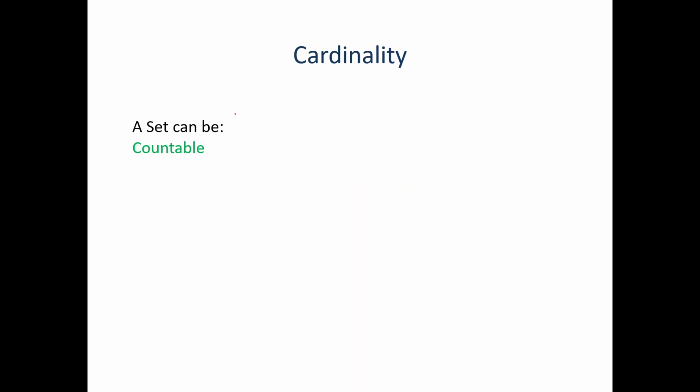A set can be countable or uncountable. If it is countable, then that means it's either finite or countably infinite. So there's going to be a difference here. We've already seen what countable means. Before we go into uncountable, let's see what countably infinite means.